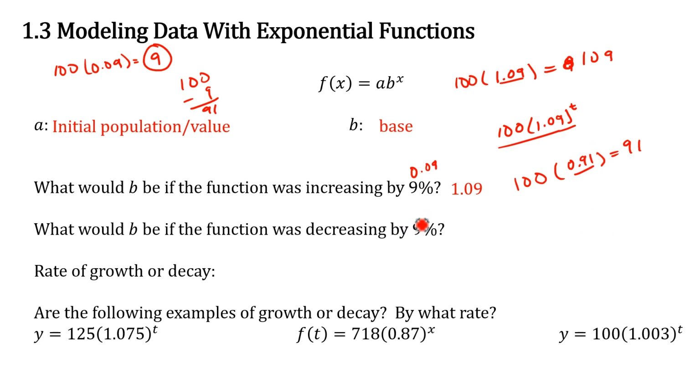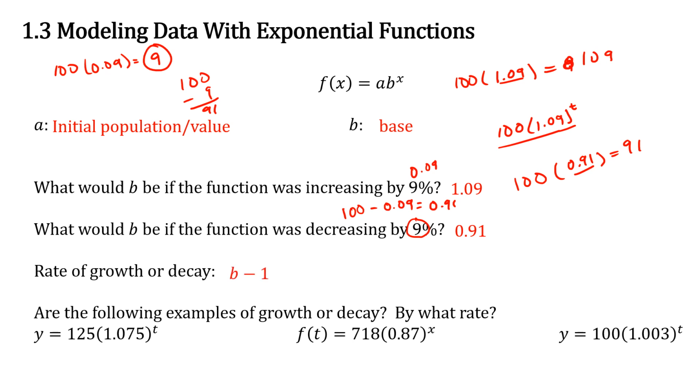Think about it this way. I'm taking this out of 100. So I do 100 minus 9 and get 0.91. So I'd have 91% of 100 after 1 year if I decreased by 9%. So I'm multiplying by 0.91. That's kind of the weird thing here.